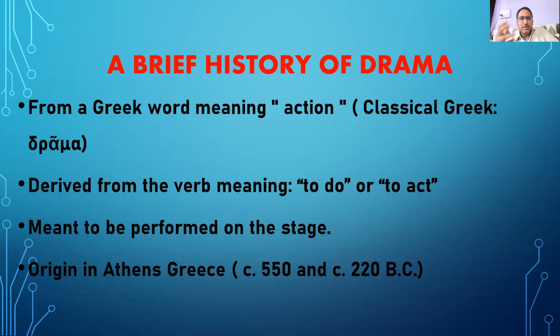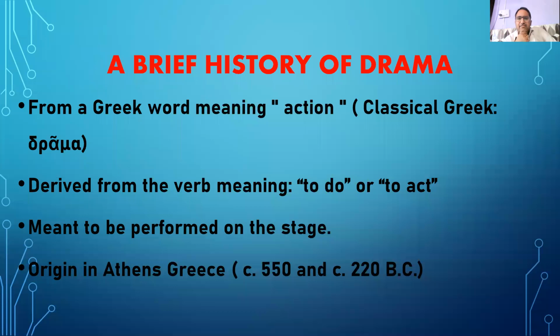You perform skits and role plays on the stage. Those are actually small dramas. So drama is meant to be staged. It is meant to be performed on the stage by different actors, by different characters.